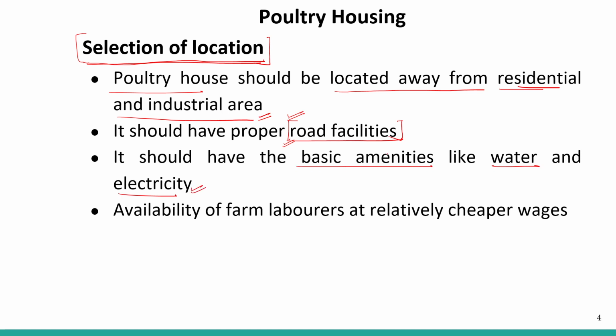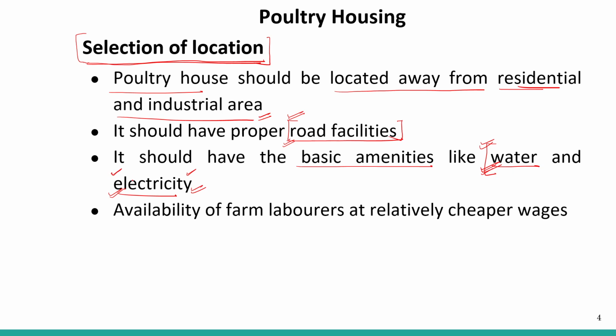These two things are very, very important for the poultry house, for proper cleaning and for proper drinking water, right? So water is an ultimate requirement for the poultry house. The next requirement is electricity, right? Electricity is also required for temperature management, and for proper supervision also.